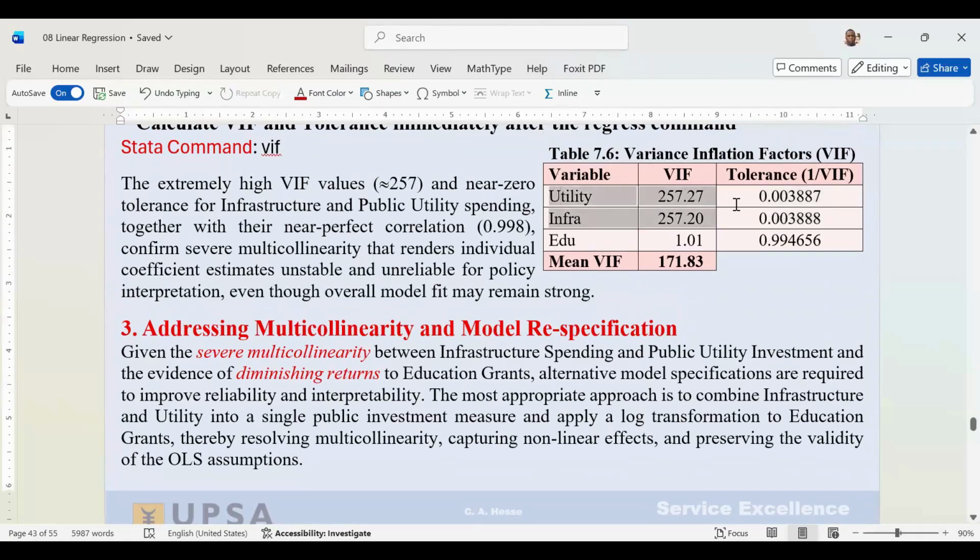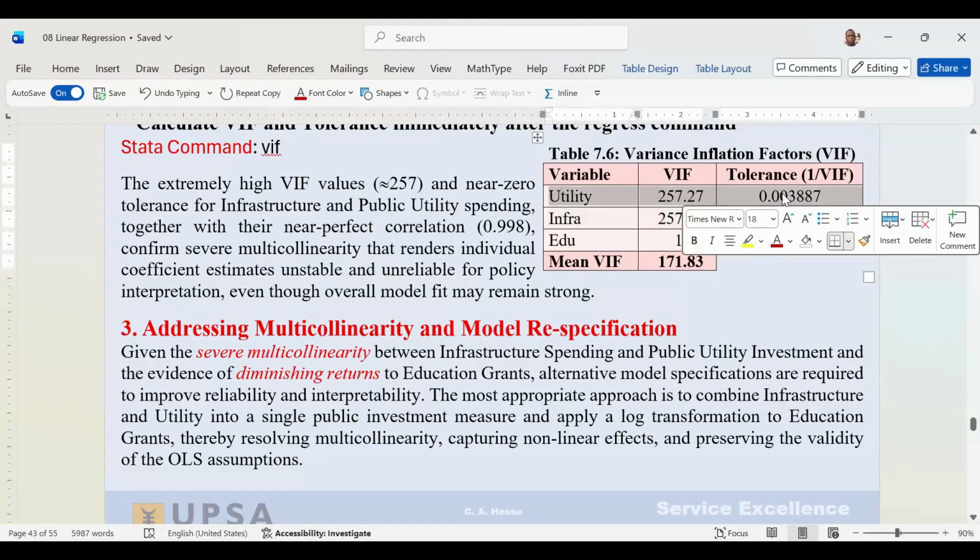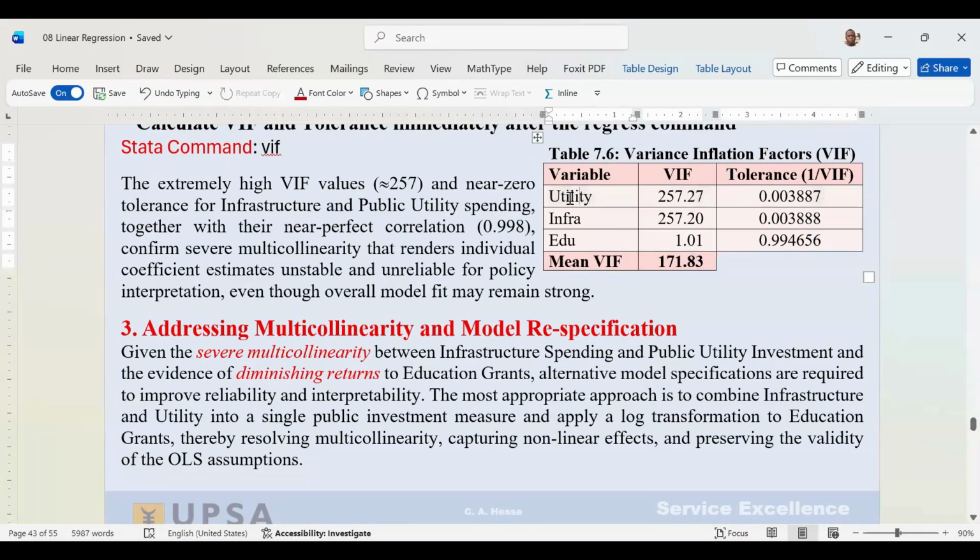Either you drop one of these, utility or infrastructure, so your independent variables will be only two. Or you can do a principal component analysis and combine these two variables into one.